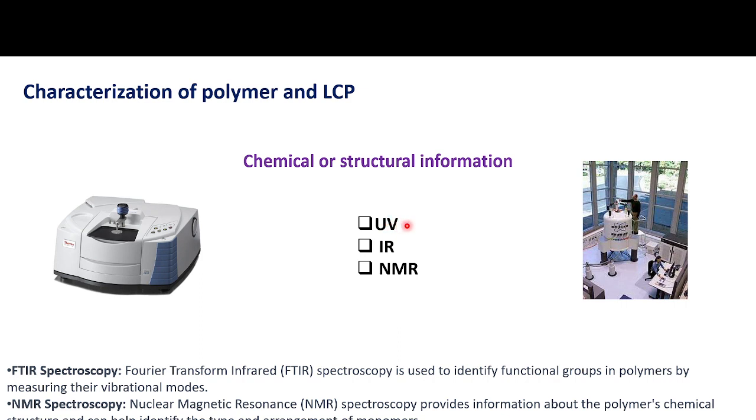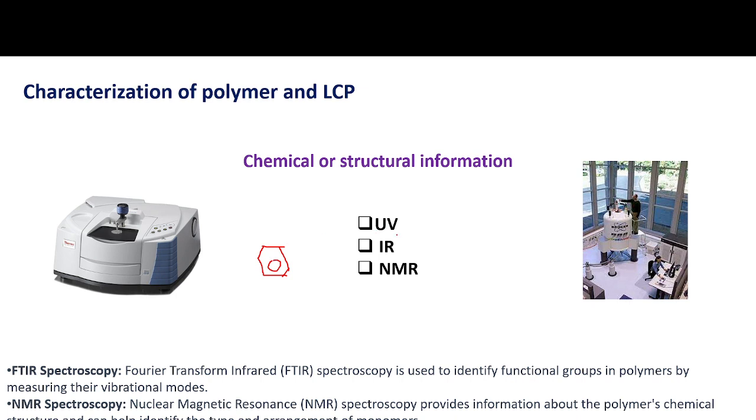So from UV visible study, what can we get? If there is some aromatic group present in our molecule, we can get the absorption spectra of this molecule in the UV instrument.